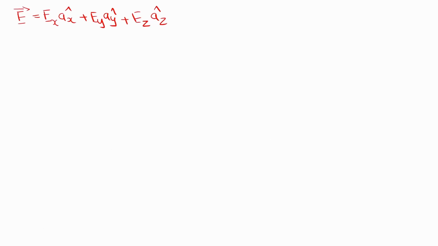Vector E equal to Ex Ax cap plus Ey Ay cap plus Ez Az cap. Now we have j omega epsilon vector E equal to j omega epsilon Ex Ax cap plus j omega epsilon Ey Ay cap plus j omega epsilon Ez Az cap.